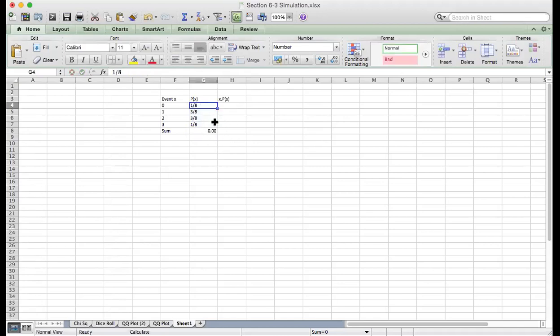Maybe copying and pasting was not the right way to go. So, one. Now it's going to put it in as a date. Nope, there it goes. 3 divided by 8. 1 divided by 8.